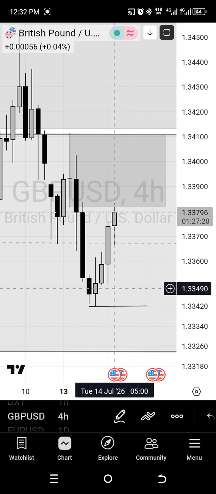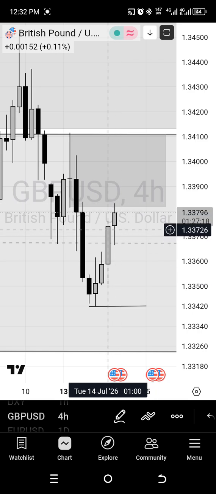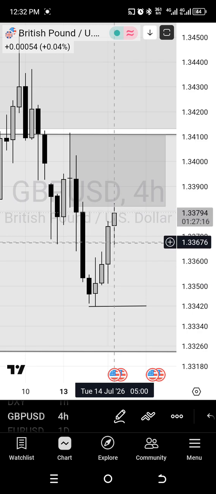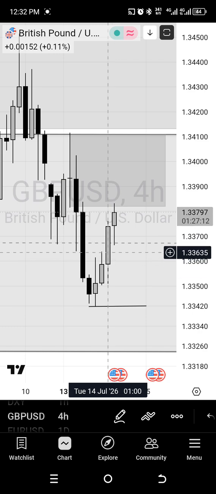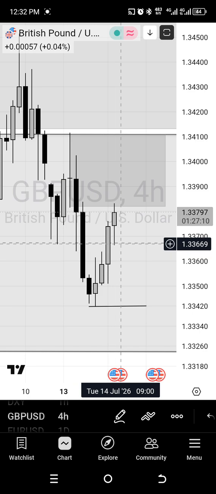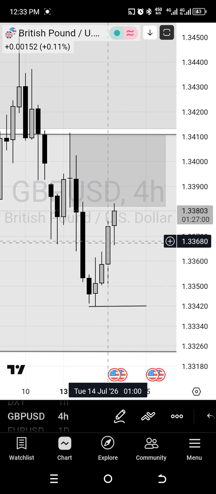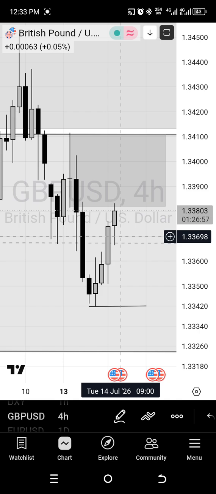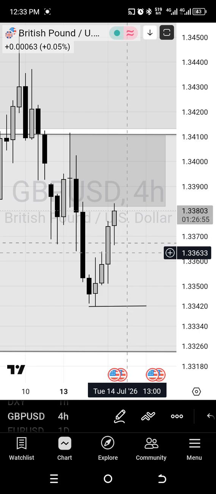depending on the way this 4-hour candle will close, this 5 a.m. 4-hour candle. If it comes and closes inside this 1 a.m. candle, then we are going to use the daily range, that is 159: 1 a.m. candle accumulation, 5 a.m. candle manipulation, and 9 a.m. candle distribution.